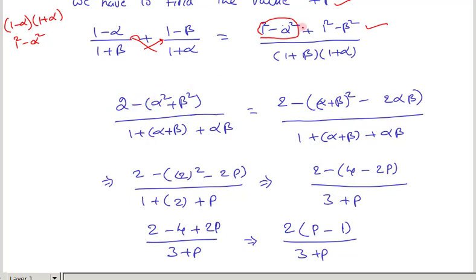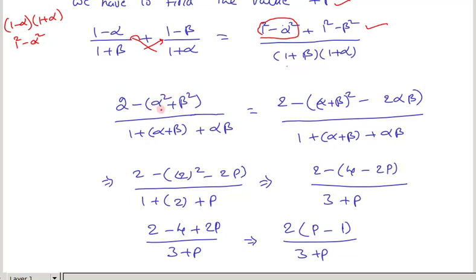On taking minus as common, this can be written as 2 minus (alpha square plus beta square) by, on doing the product of the denominator, it can be written as 1 plus (alpha plus beta) plus alpha into beta. And we know that this term is in the form of a square plus b square.